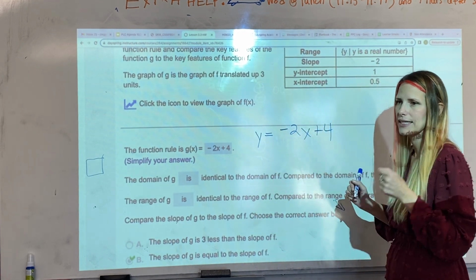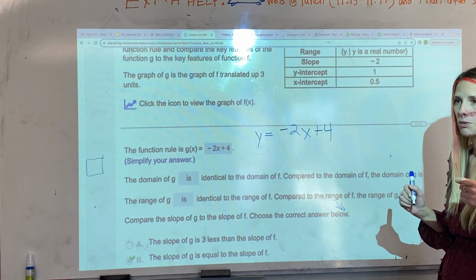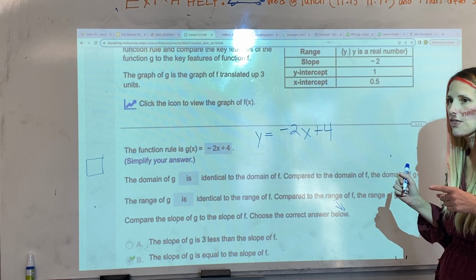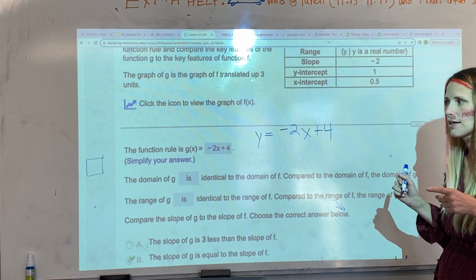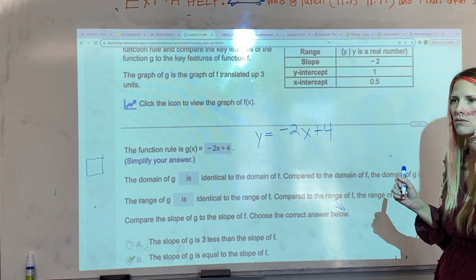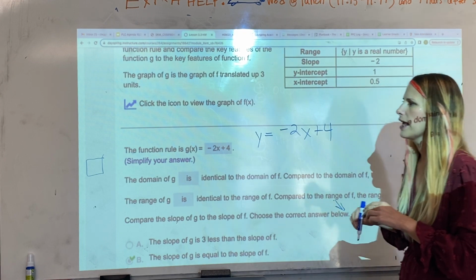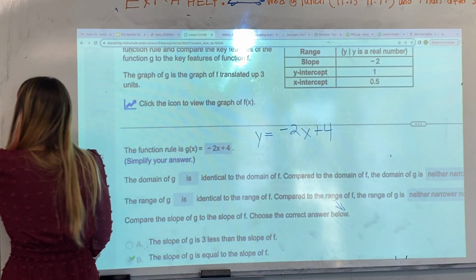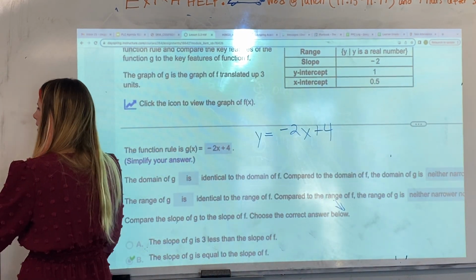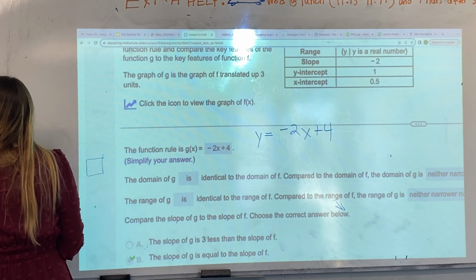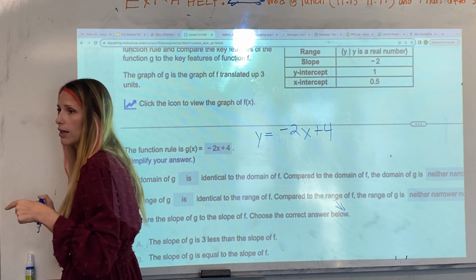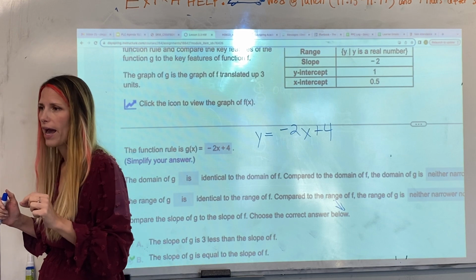How do we find the x-intercept? If we're looking for where the line is going to cut through the x-axis, what is the value of y?